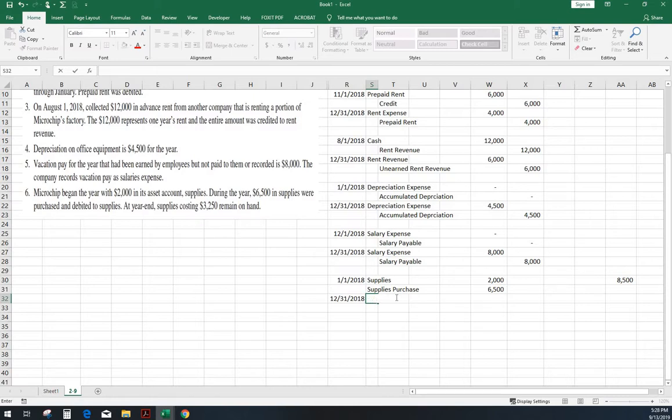Well, we need to figure out how much of this $8,500 is used. So we take this minus $3,250, and that'll give us $5,250 supplies expense.